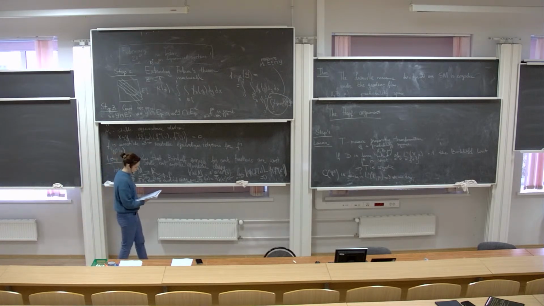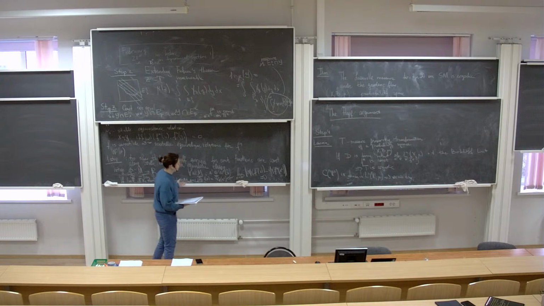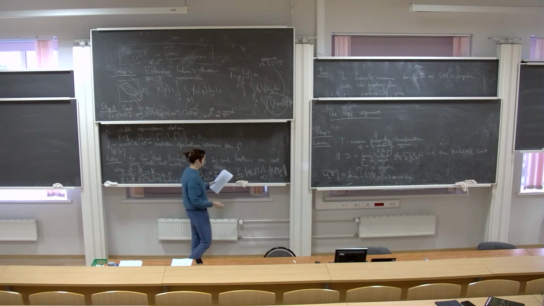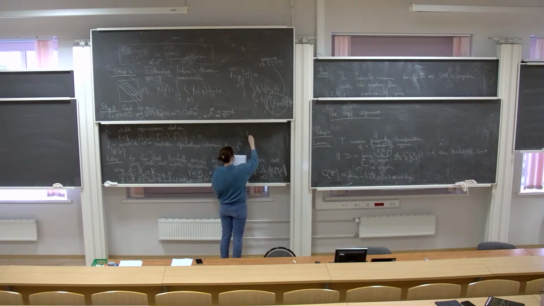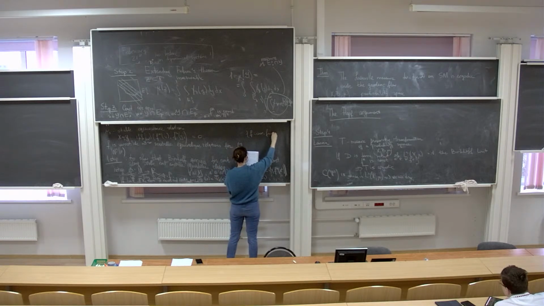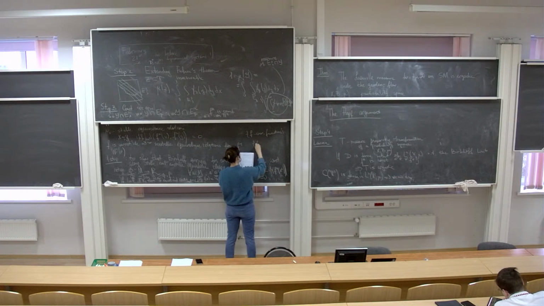Now we need to check that we can apply Fubini's theorem, and it follows from the fact that we consider f-invariant functions and f^{-1}-invariant functions, and see that these two sets coincide almost everywhere.